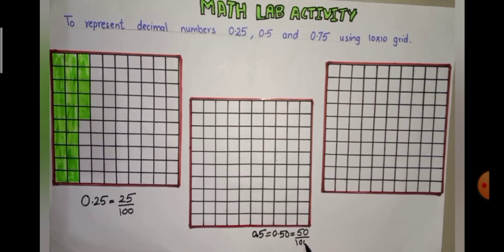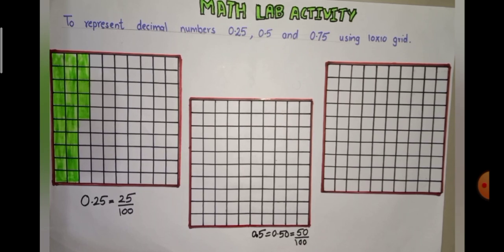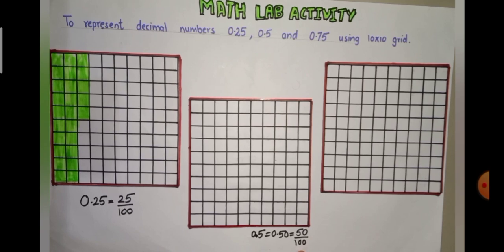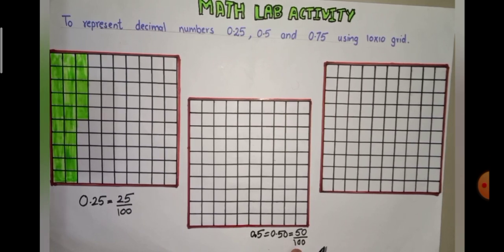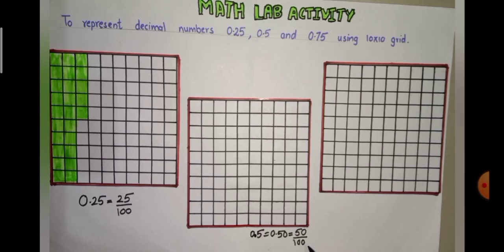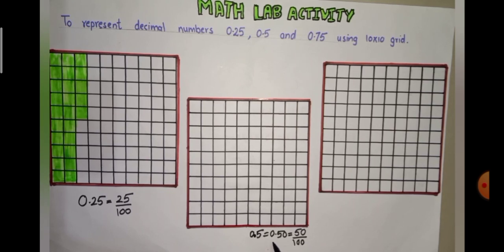This means 50 hundredths, that is, out of 100, 50 squares. To represent 0.50, we need to shade 50 unit squares out of 100 unit squares. Let us see how to shade 50 squares on the 10 by 10 grid.